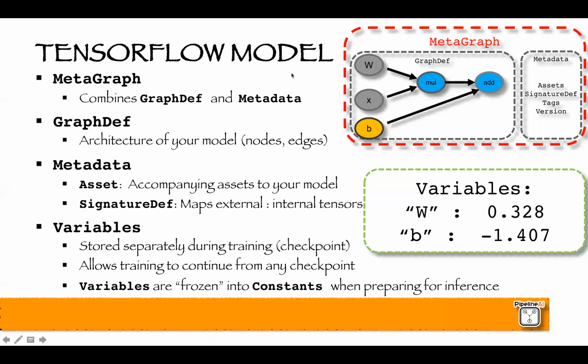With linear regressions, these 5 nodes turn into about 84 nodes. And that's certainly not suitable for serving. So freezing can go in and strip out all the unused stuff and then convert things, like these mutable variables, into immutable constants.